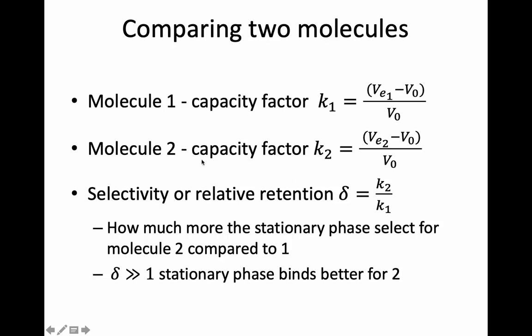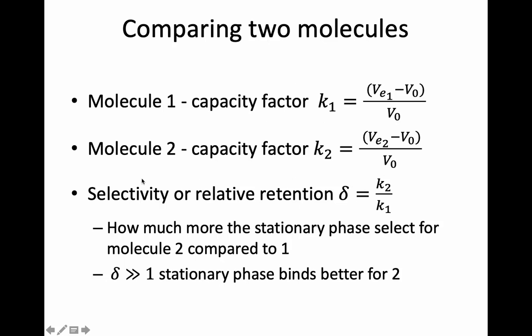This can also be done for molecule or analyte number 2, and so we can determine if a stationary phase is selective, or retains molecule 2 compared to molecule 1, as the ratio between these two capacity factors.